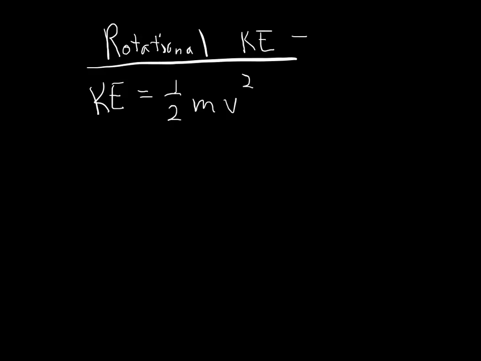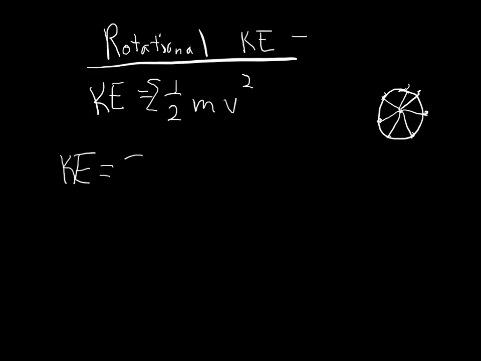Let's say I have a circle. That circle's rotating. I can take the kinetic energy of all the little points on that circle. So it's kind of like I have a bicycle tire and I'm looking at all my spokes and the kinetic energy of each one of these little points. So I can actually sum up all the kinetic energy that I have in my circle. But I'm rotating in a circle, so instead of v, I want to use rotational velocity.